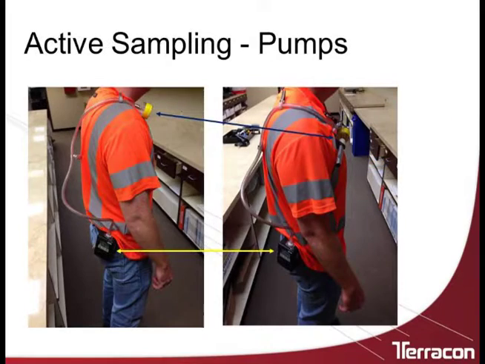Here are some active sampling pumps. Here's your pump, and you have the Tygon tubing, which goes up to the sample, the collection media. In this particular case, this would be sampling for a total dust. This little piece of equipment here is called a cyclone.